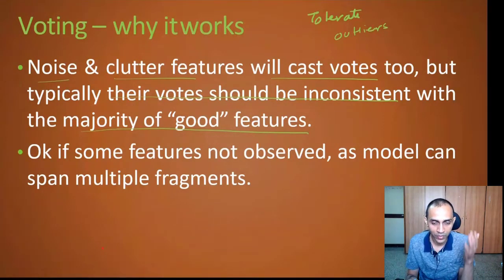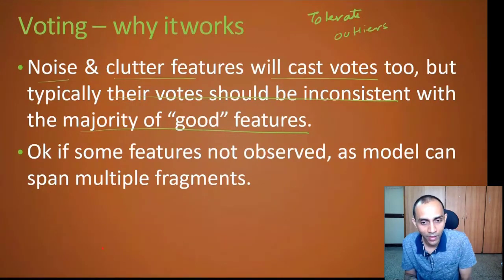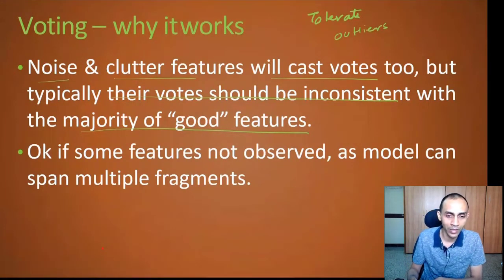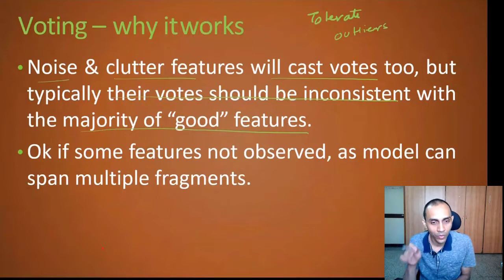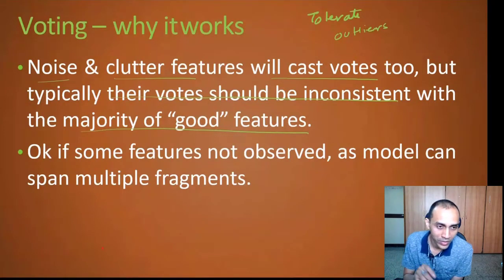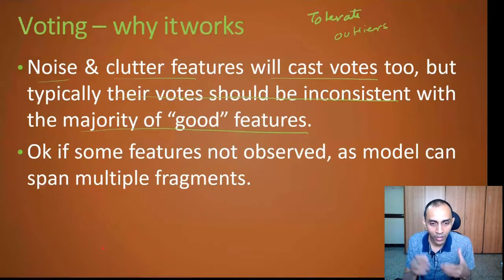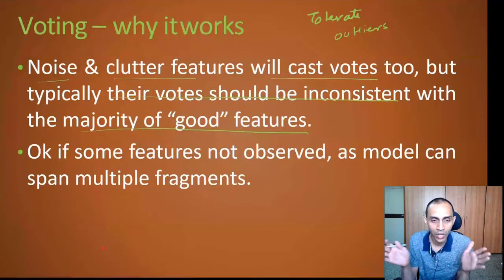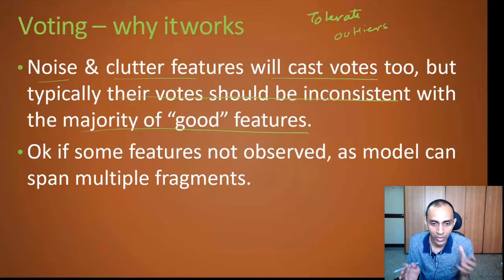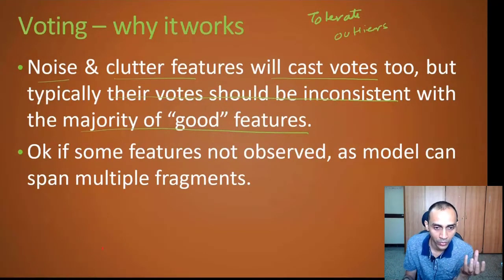The noise features will cast votes for random things, and multiple noise features are not going to be consistent with the same model. So those random votes are never going to become a majority count.